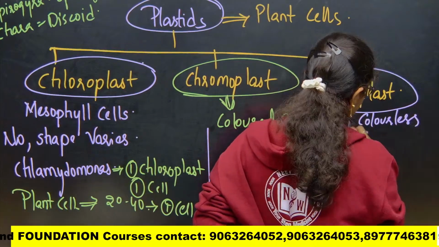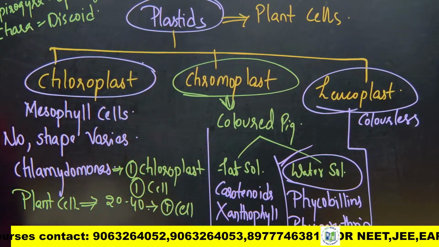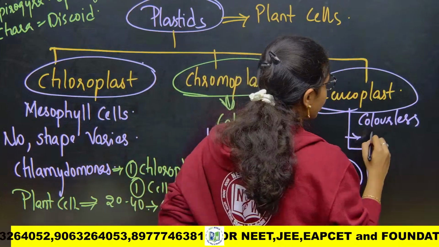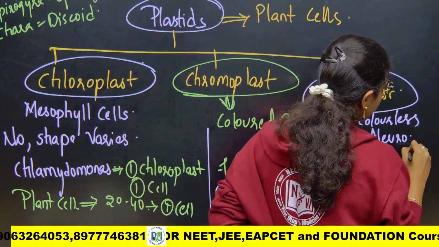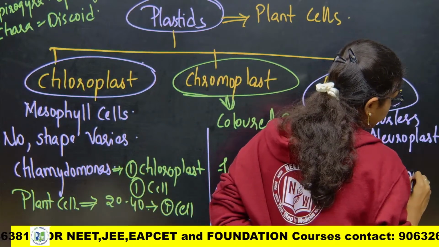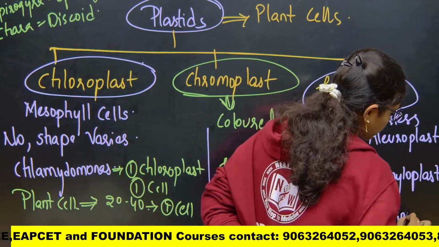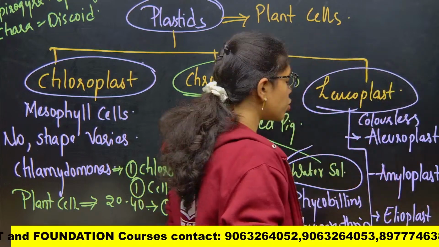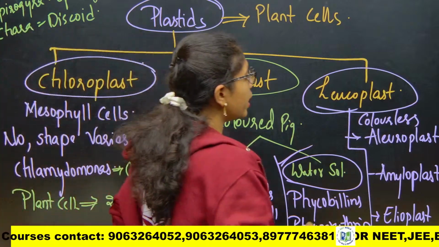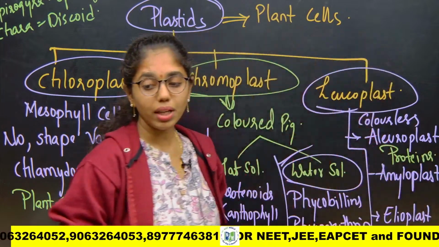But based on the storage product, we have three different types of leucoplast: aleuroplast, amyloplast and elaioplast. Aleuroplast will be storing proteins.